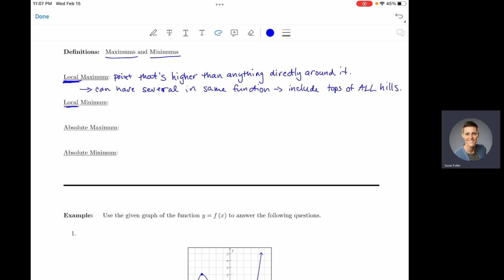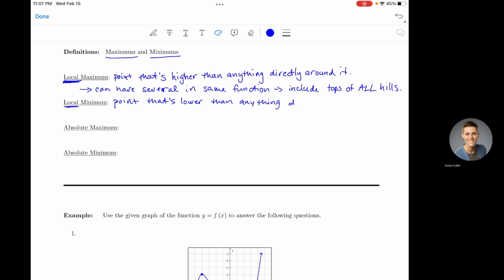Similarly, a local minimum is a point that's lower than anything directly around it. Doesn't have to be the absolute positive lowest point in the whole function. It is any point that's lower than the stuff just around it.